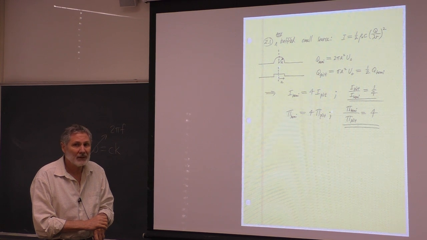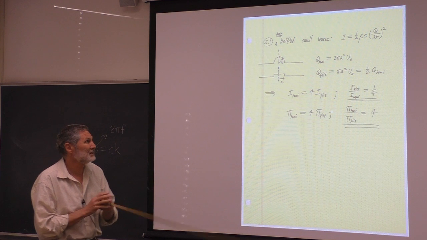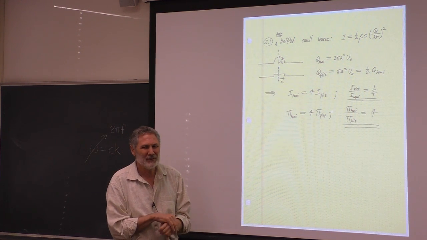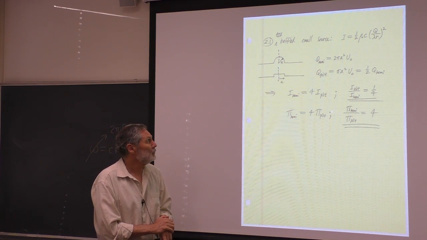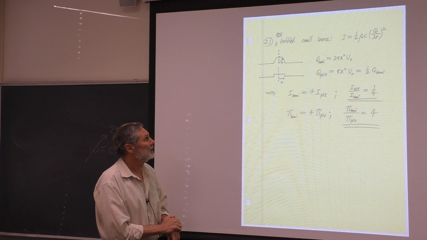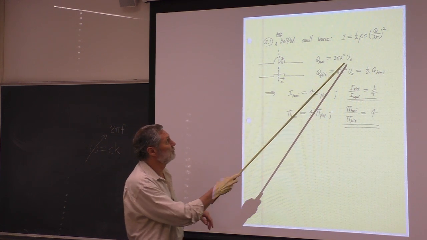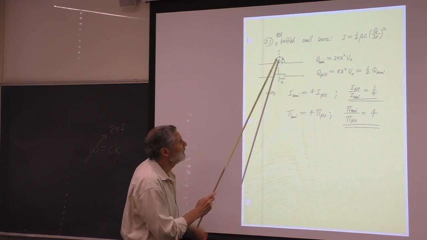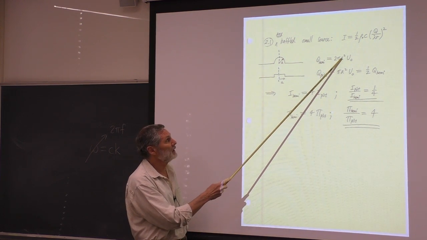Well, the important quantity is the source strength, Q. This is not the quality factor. It's the source strength, the amplitude of the volume velocity. It is simply the moving area times the peak velocity. So here the moving area is half the area of a sphere, so it's 2 pi a squared.